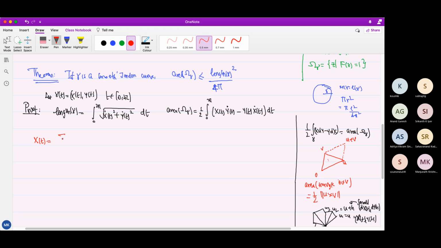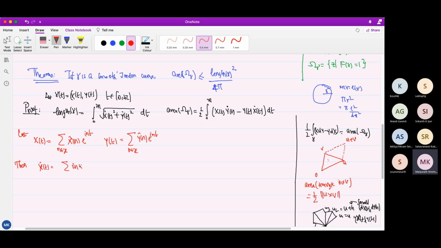x of t, and then also we have x dot of t, the derivative. We know what we get; it's like formally differentiating here.